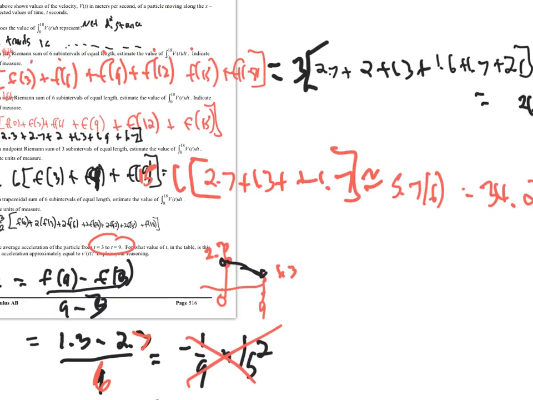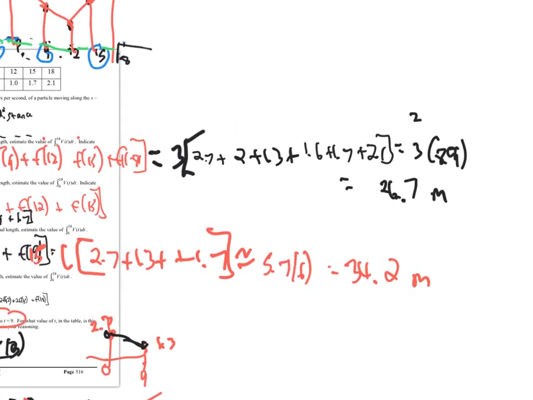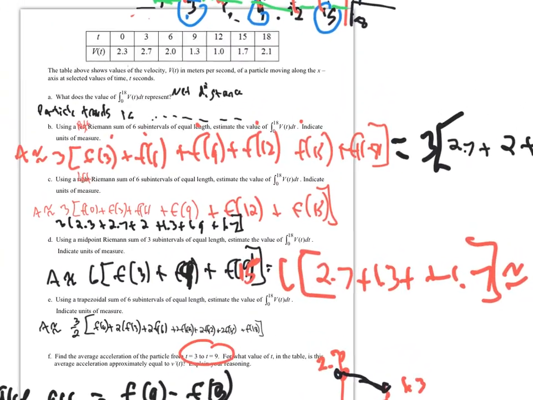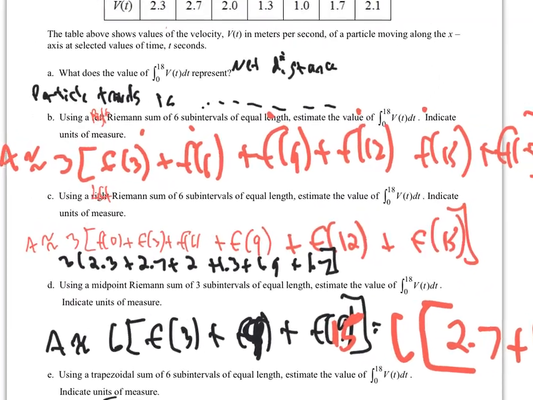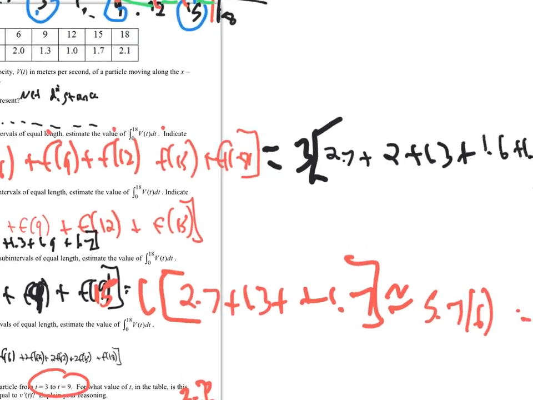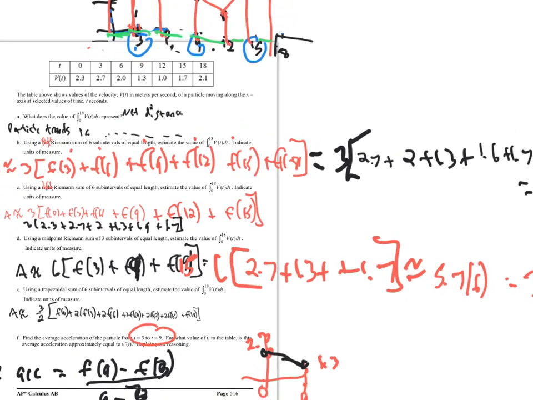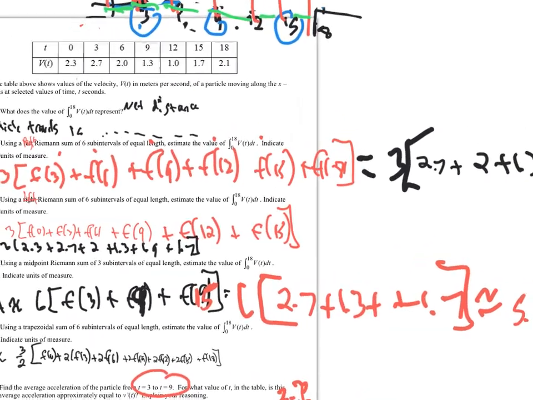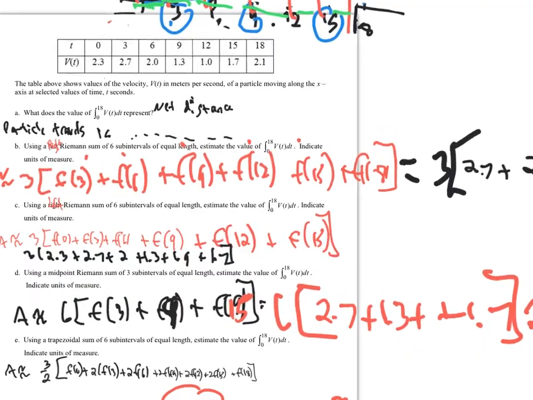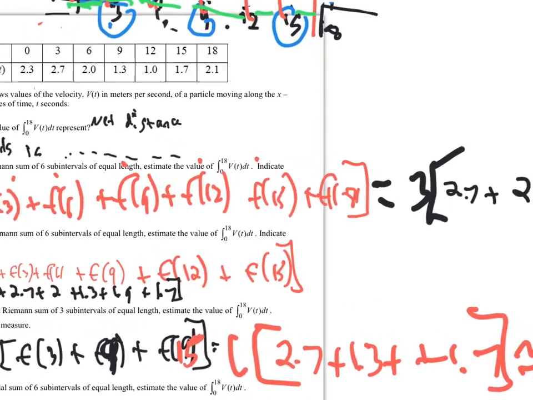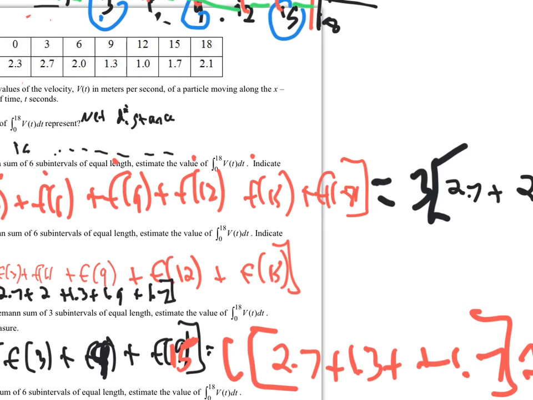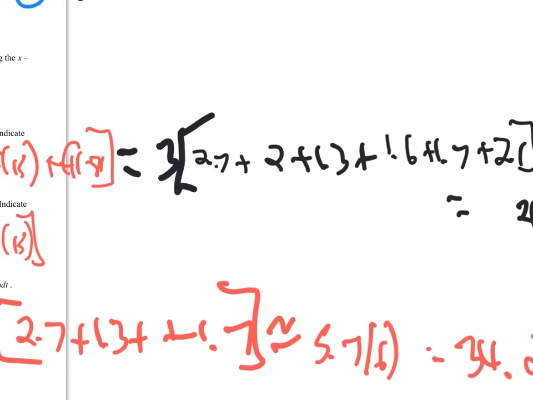Now I'm looking up here at that number that I did on the left. Let's see, which one did I actually add up? It was a right Riemann sum. Let me make sure I got the right numbers there. F of 3 and f of 6, since I'm seeing wrong, was 2.7 and a 2. Then it was a 1.3 and a 1.